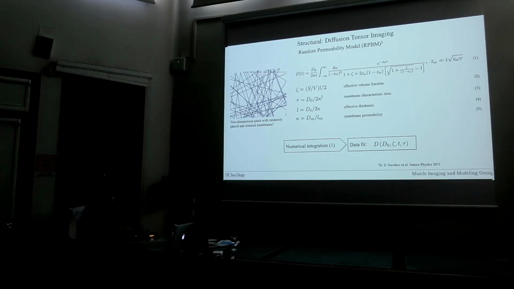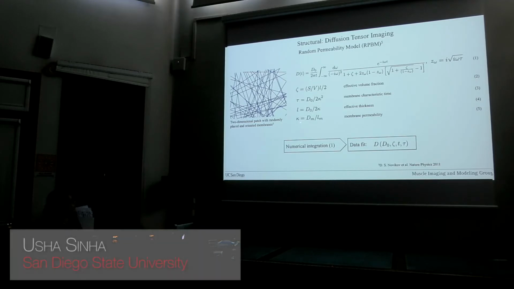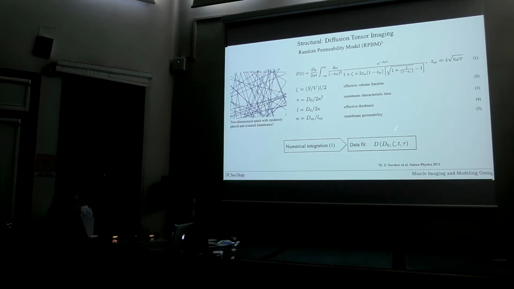So this is one of the models that we propose. It's called the random permeability model. This is just a schematic of how the muscle looks in 2 dimensions. But what it gives you a handle on is that the model itself links the observed eigenvalues, like lambda 1, to parameters on the microscale, such as membrane permeability.